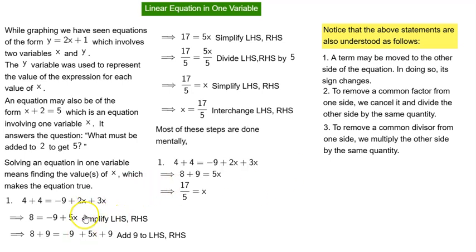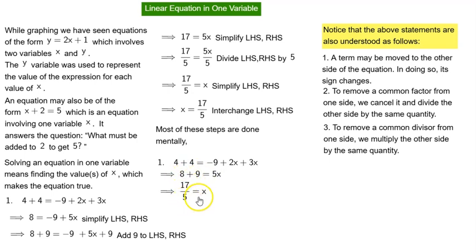Now, most of these steps are done in our mind itself. So 4 plus 4, 8. Now in our mind itself, we know minus 9, if we bring it to this side, the sign changes. So plus 9 is equal to 5x. 9 plus 8 is 17. And here, when we bring this 5 to the other side, it becomes division.